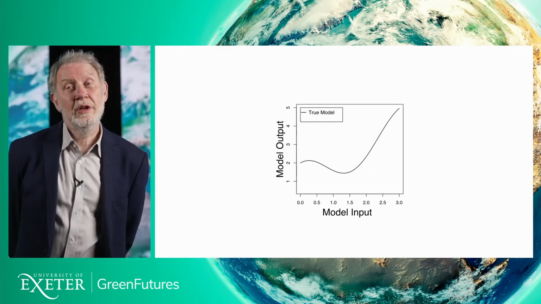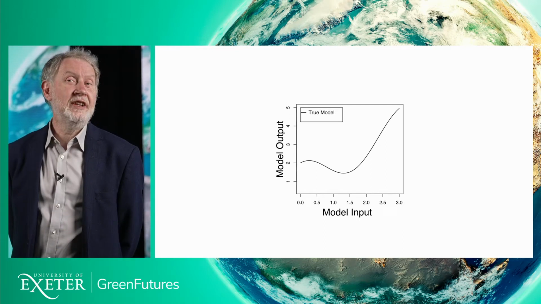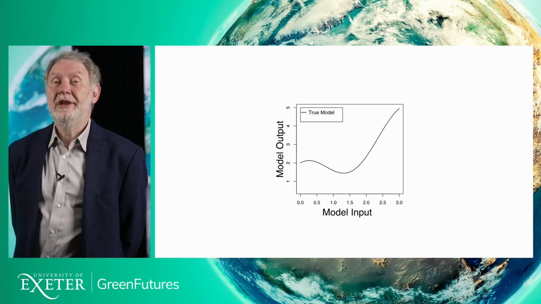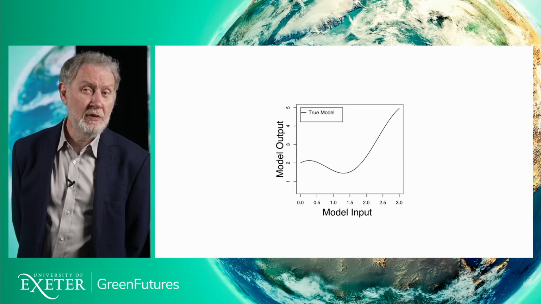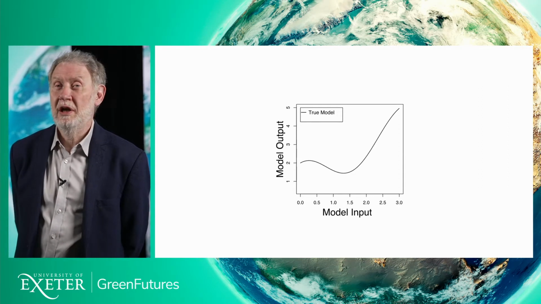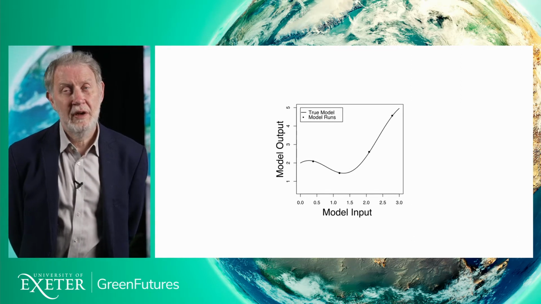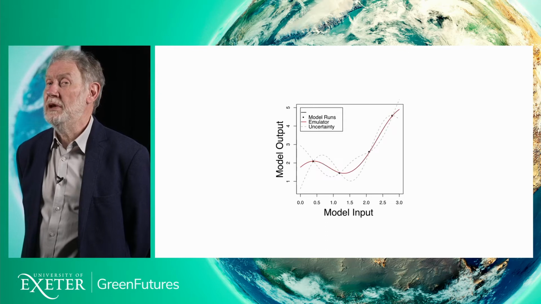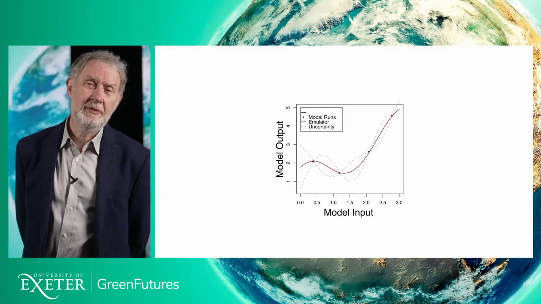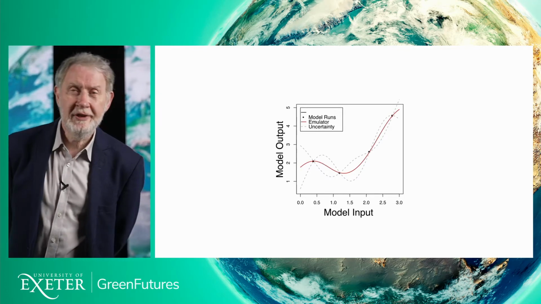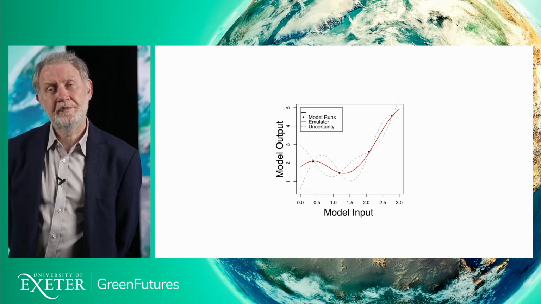What we do is we build what are called emulators or surrogates of the model. So here's an example. There's the model, just one input and one output. I'm just going to run that 4 times at those 4 dots. And then I'm going to build, using some statistical machine learning type methods, what I'm going to call an emulator.